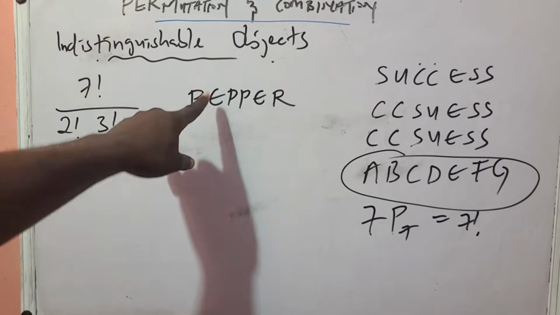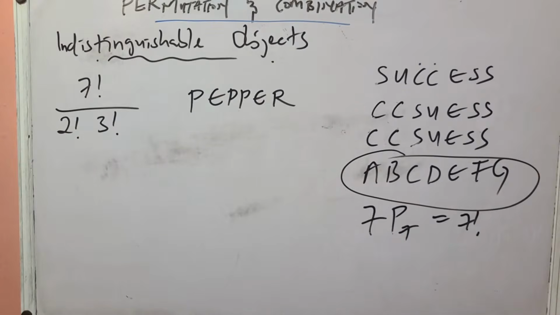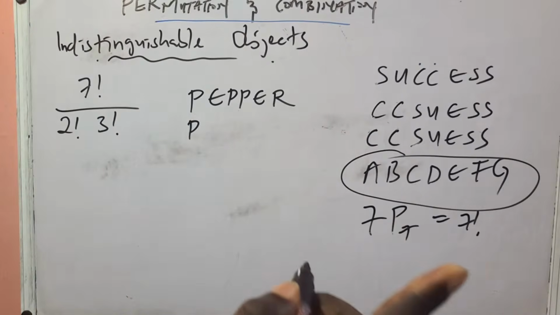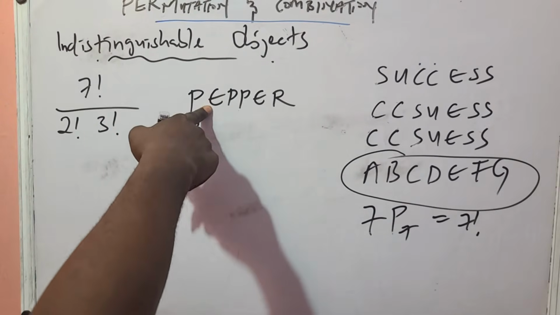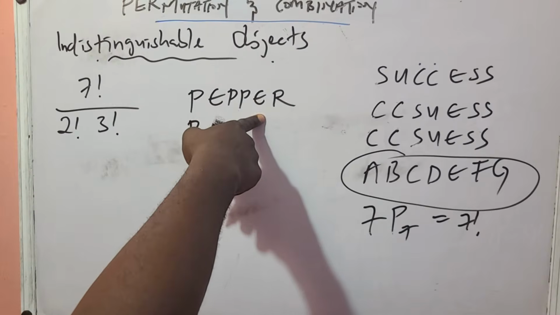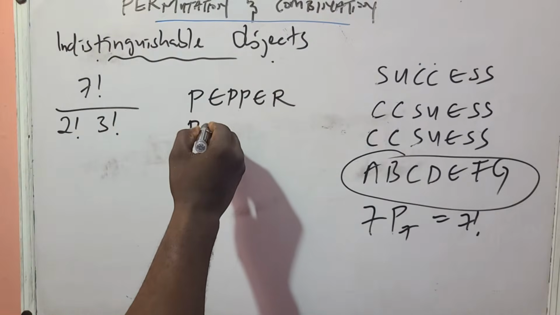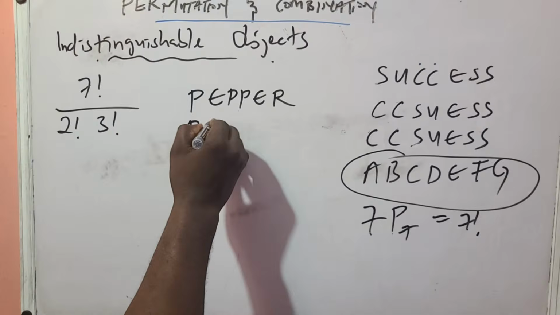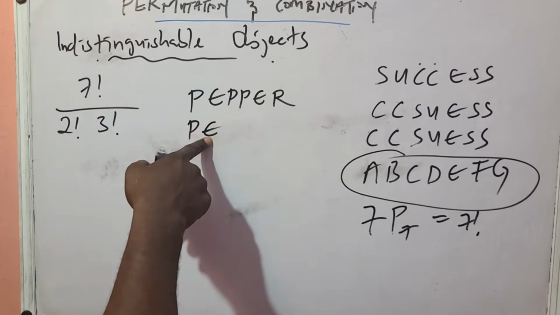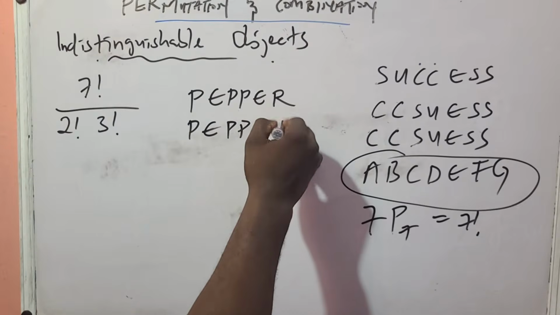That means we cannot distinguish which of these E's we are writing. Pay attention here. Let me assume this was E1 and this was E2. Of course, in my own mind, I'm the one assuming that. Now, if I write this E2 here as the first one, and I write PE, I said this is E2, and I go on to write PP. I said this is E1 I'm writing here.